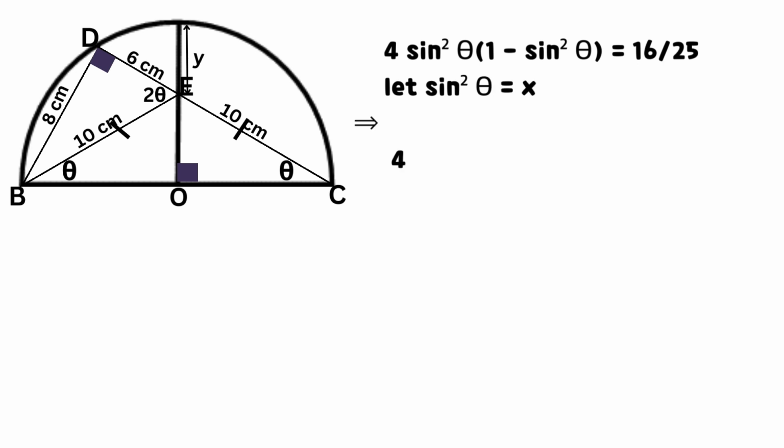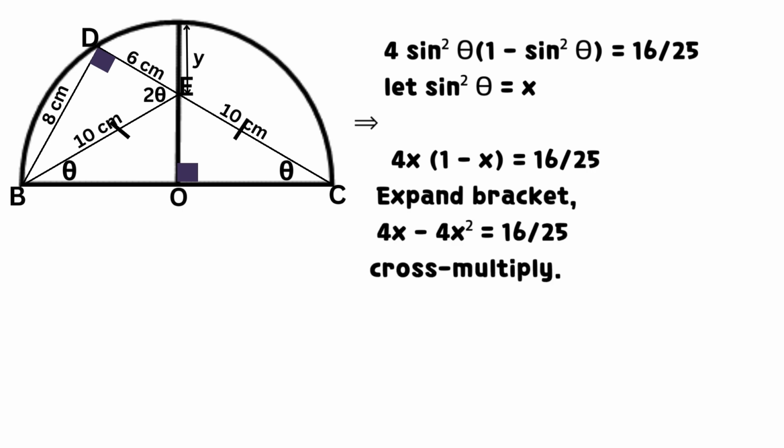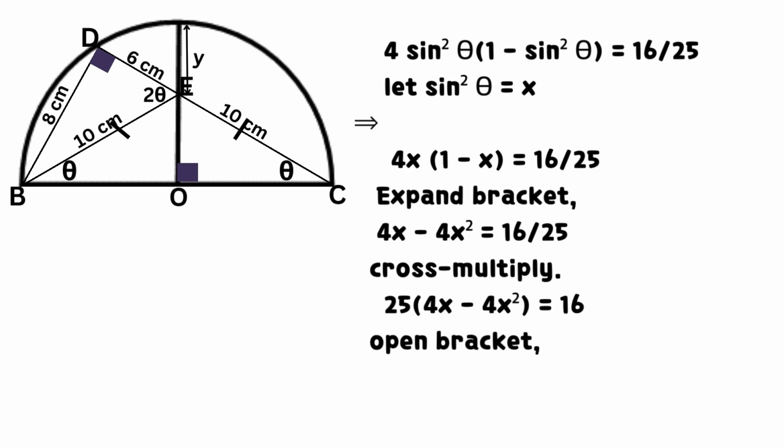4 times the product of the square of sine theta and 1 minus the square of sine theta equals 16 divided by 25. Let the square of sine theta equal x. It means that the product of 4x and 1 minus x equals 16 divided by 25. Expand the bracket and we obtain a new equation as shown on the screen.